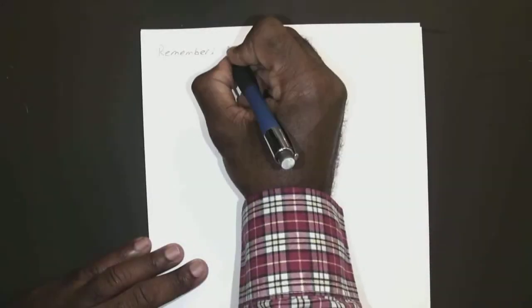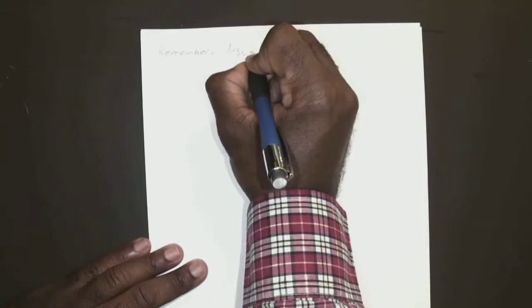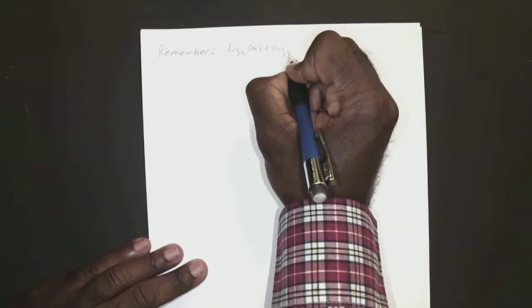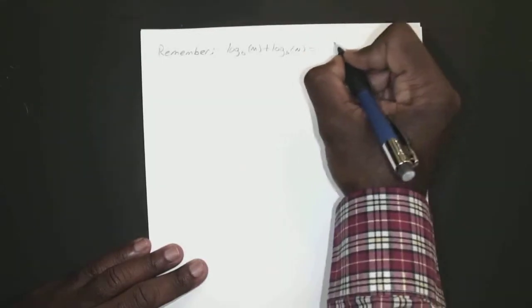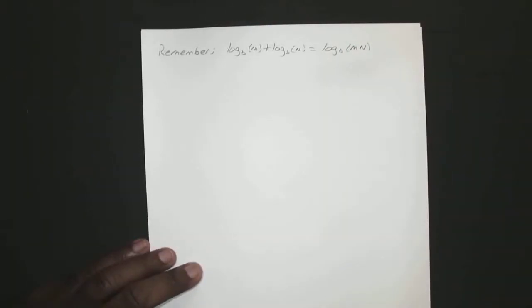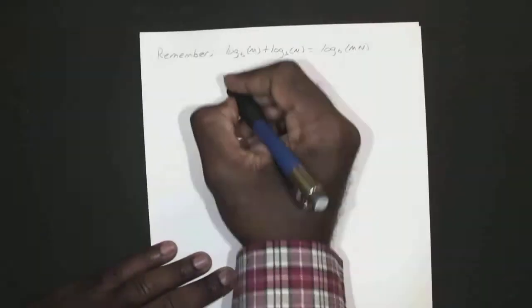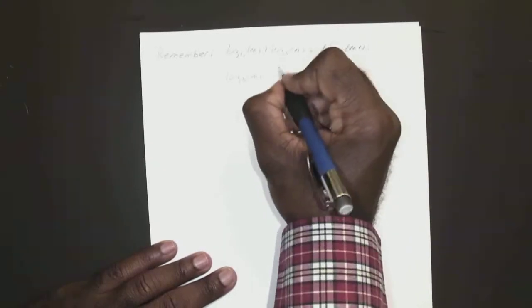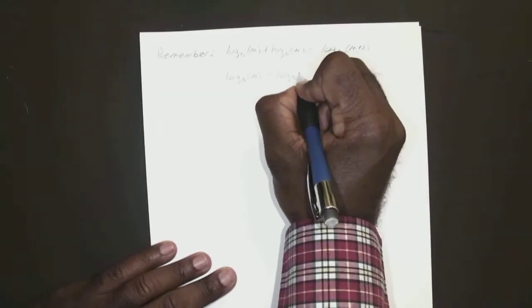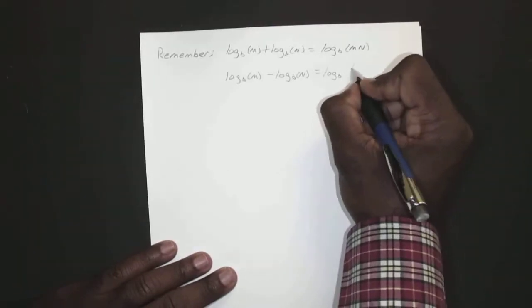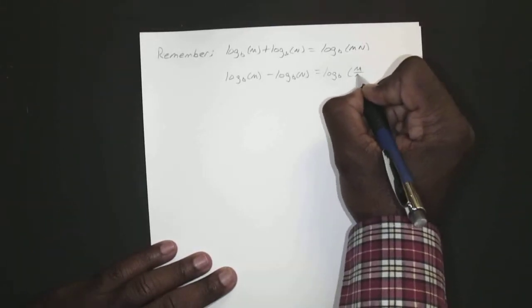Okay, so remember, log base b of m plus log base b of n equals log base b of m times n. That's just the product property flipped. Remember, log base b of m minus log base b of n is equal to log base b of m divided by n.